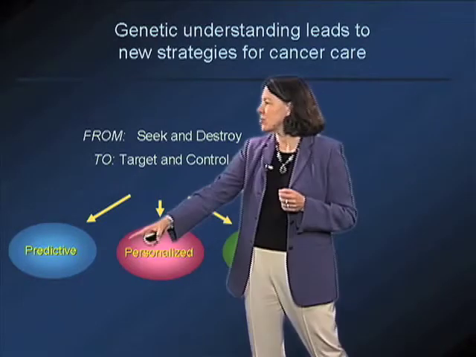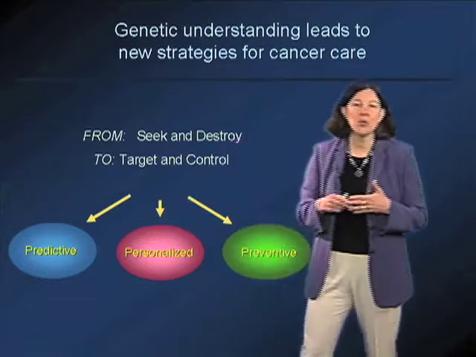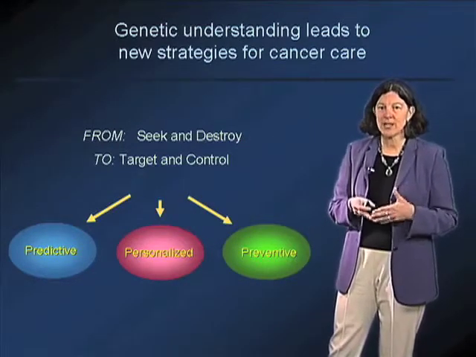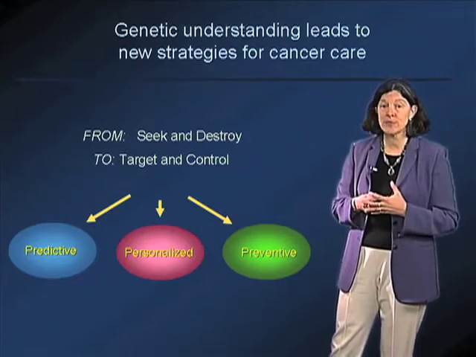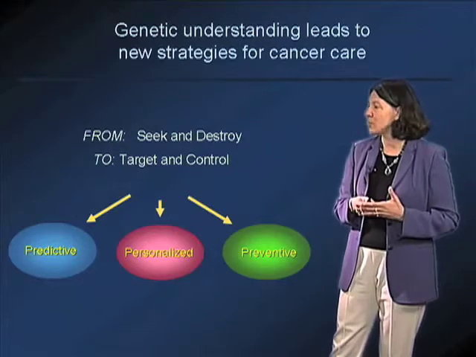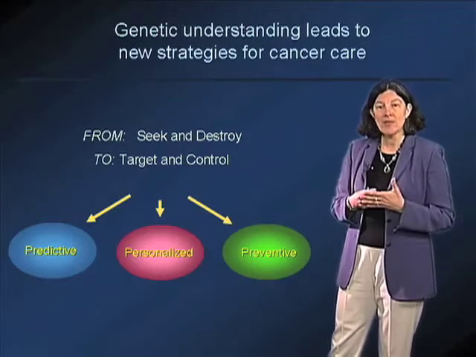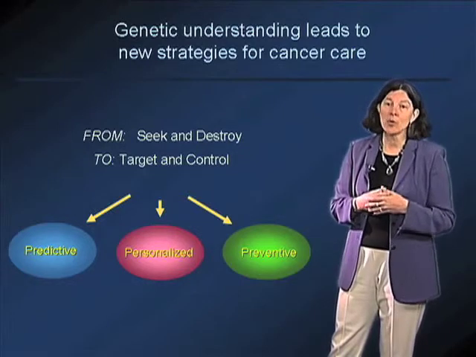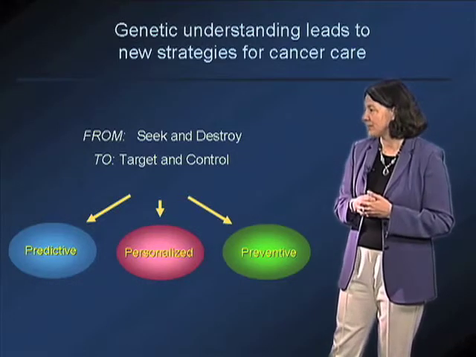We can, as I've described, begin to identify individuals who are at high risk for developing certain types of cancers, particularly in the inherited forms of cancers, but maybe over time the sporadic ones as well, and then with that predictive power, develop guidelines for more aggressive screening and early detection.